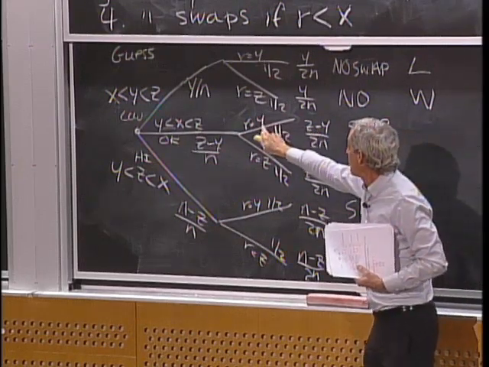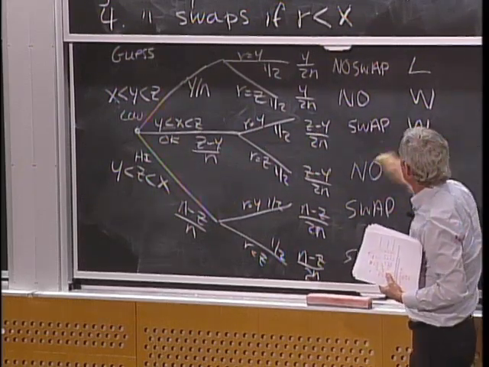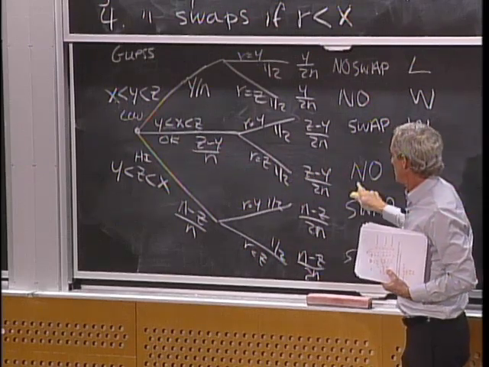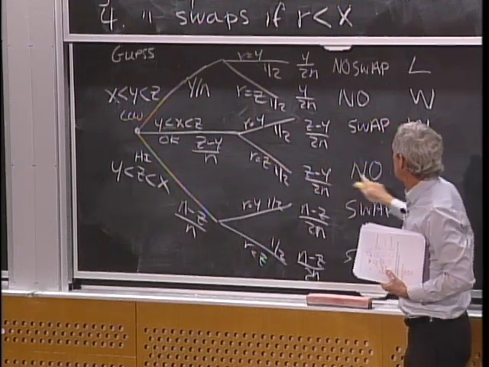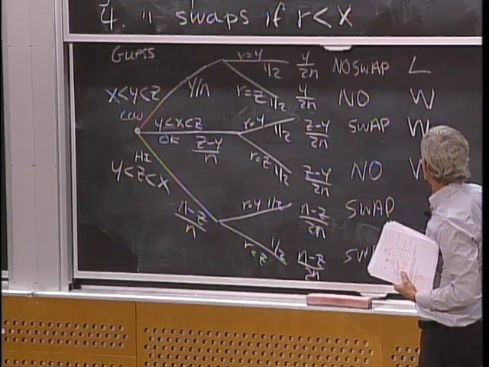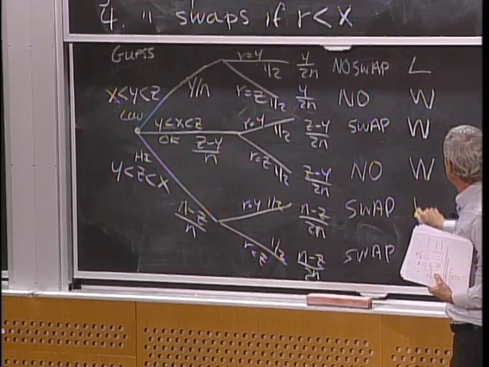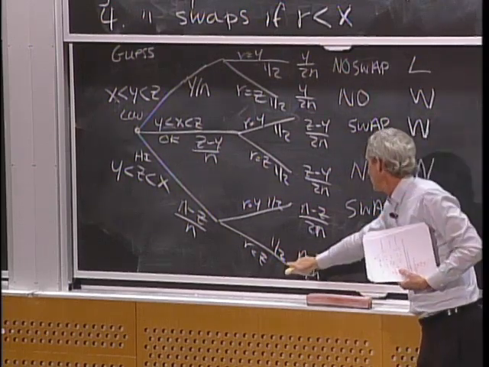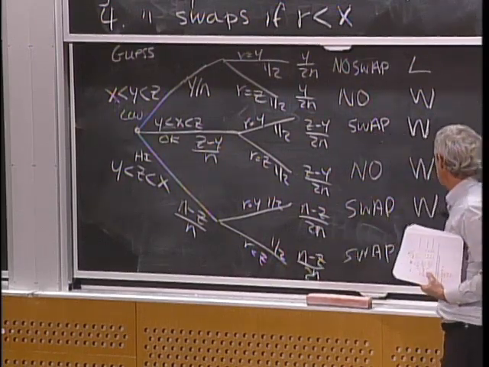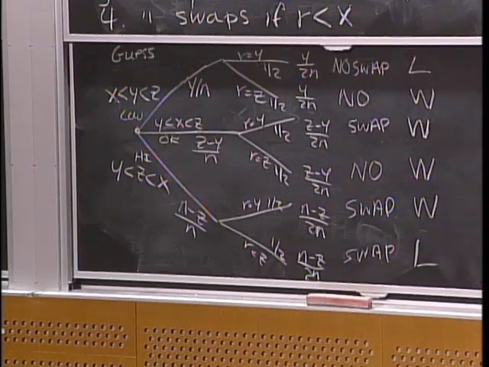Win. I opened the small value and I swapped. That's a win. Here, I opened the big value, did not swap. That's a win. Here I open the small value and swap. That's a win. And here I open the big value and swap. That's a lose. All right, now we can compute the probability of winning.